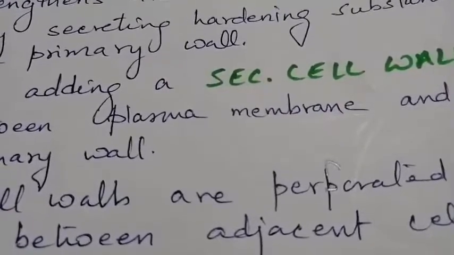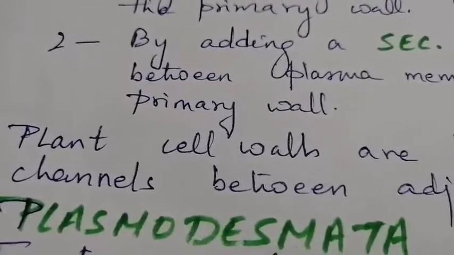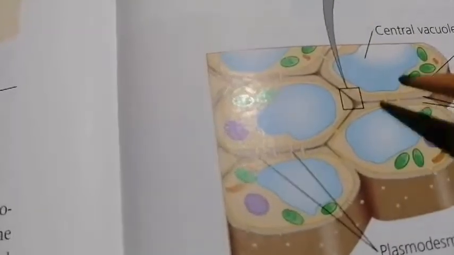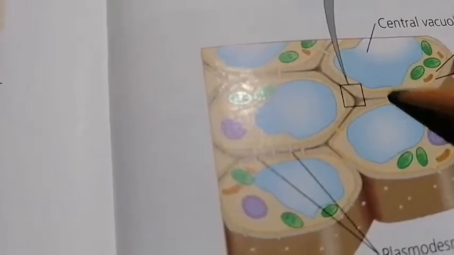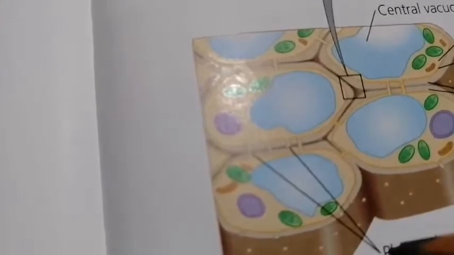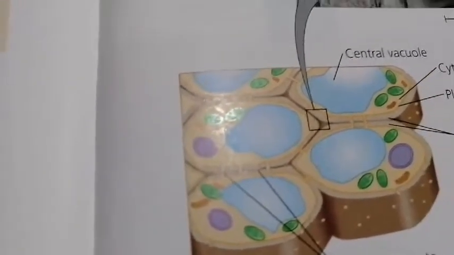And since the cell walls are perforated, that helps communication between the two cells. As I can show you here again, you can see that there are pores by which they are communicating. One cell is communicating, and these pores you can see here. Similarly, another cell. So through these pores they are communicating with one another.